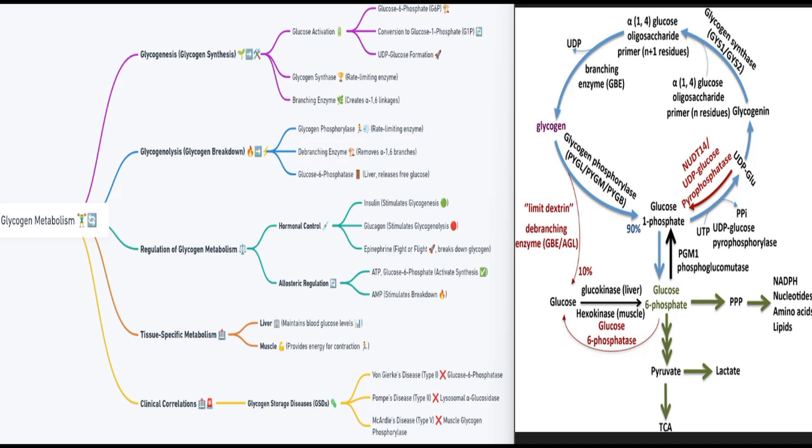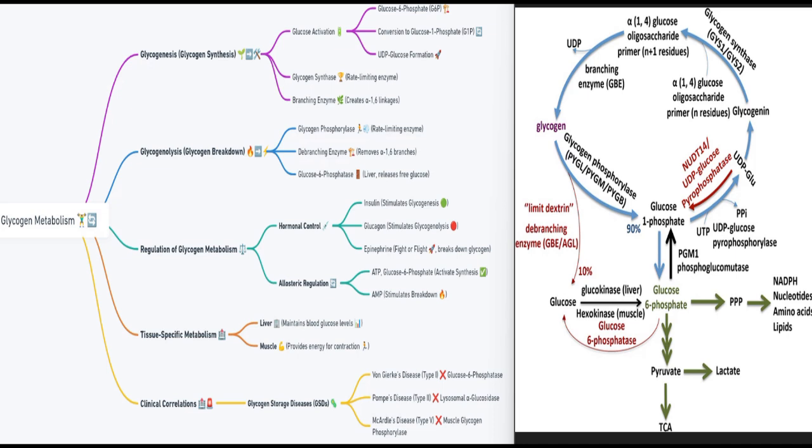So remember the pathway: glucose 6 phosphate to glucose 1 phosphate, but it could be converted back to glucose 6 phosphate by the phosphoglucomutase, or back to glucose 1 phosphate by the same enzyme phosphoglucomutase.